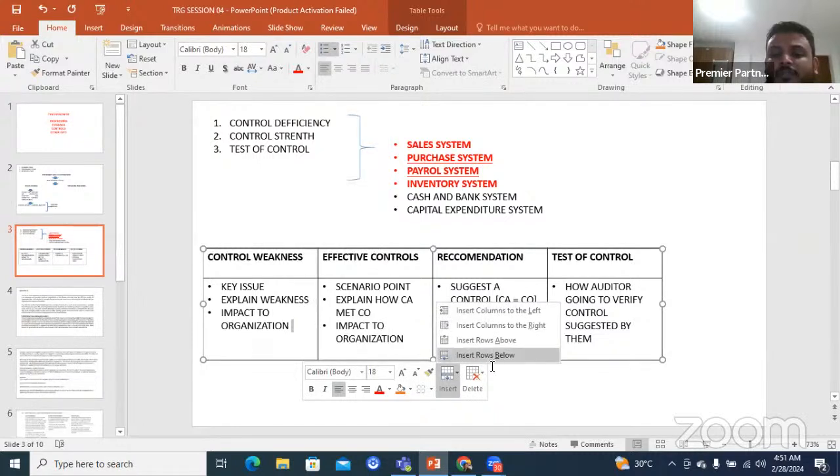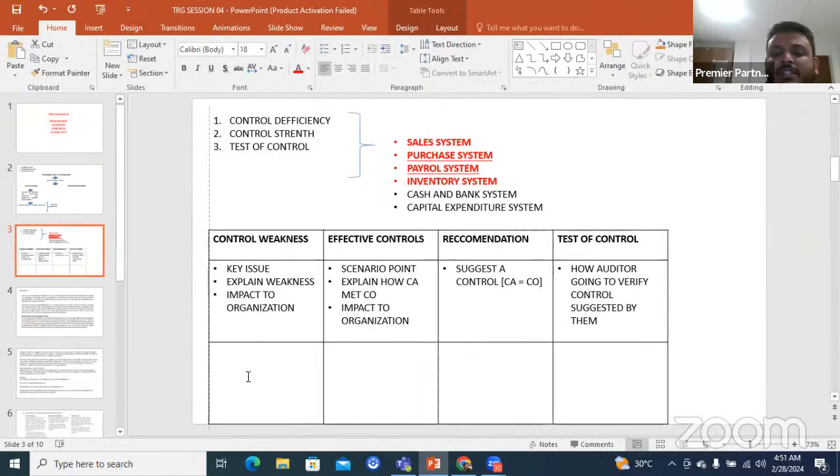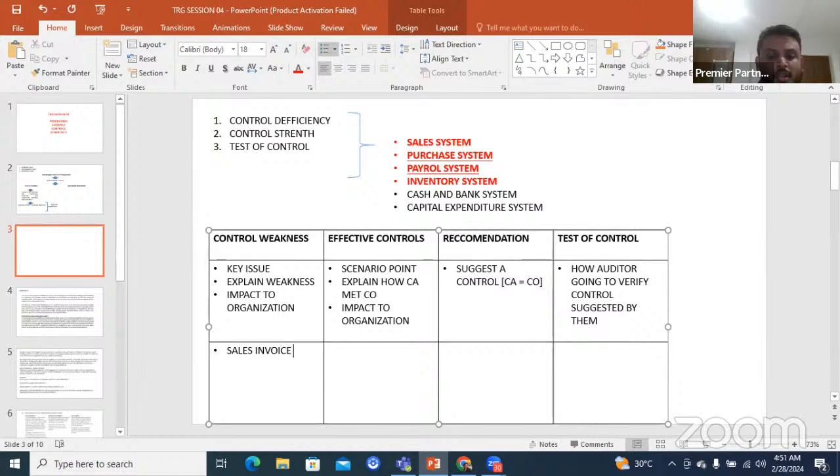For you guys, I'll give one example that would be easy to understand. First, we'll take the sales system. Sales invoices not sequentially numbered. This is the issue given in the scenario, right?